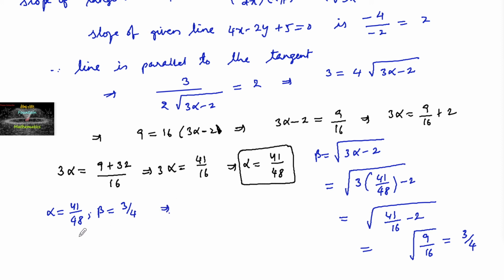So the point on the curve is (41/48, 3/4).